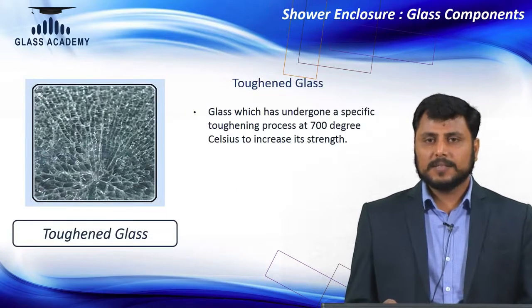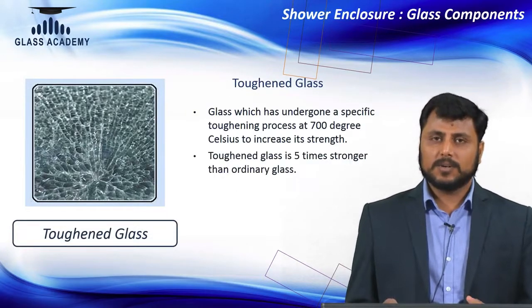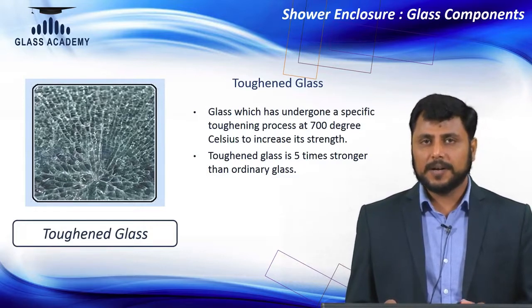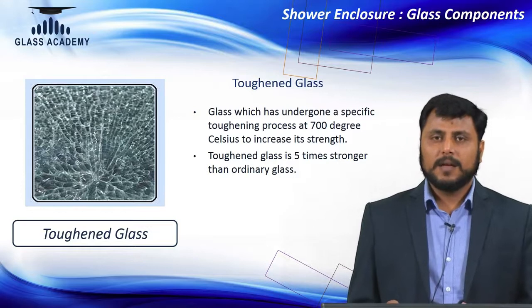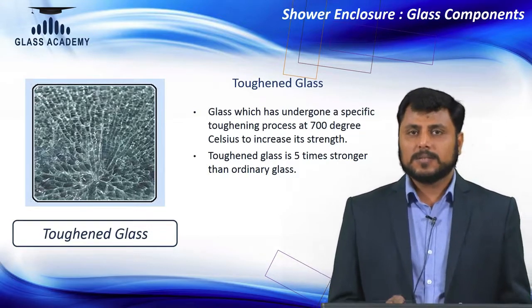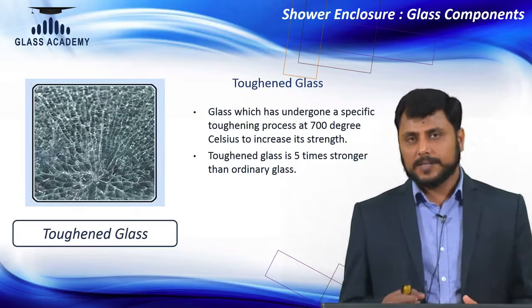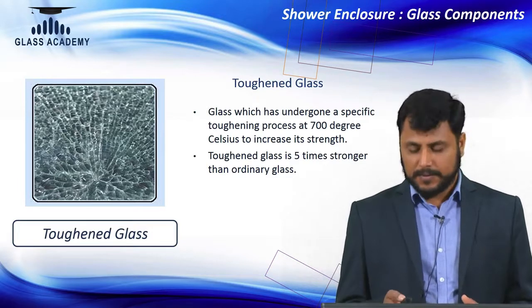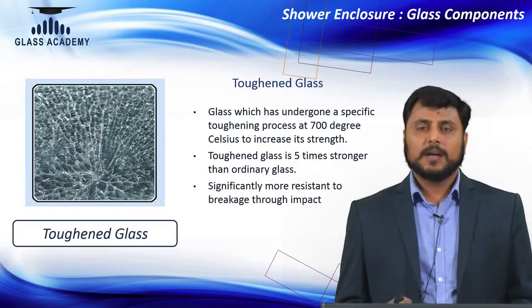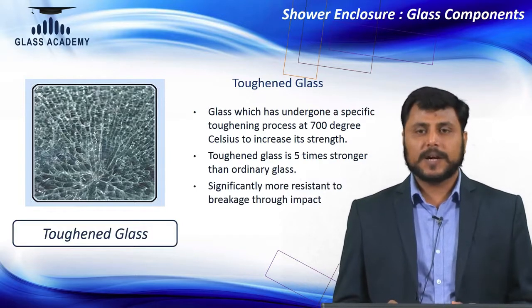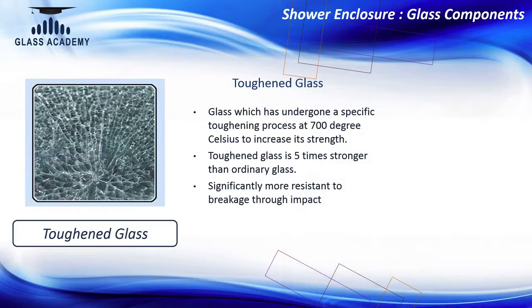Then why toughened glass? Because it has gone through a specific toughening process, done at almost 700 degrees Celsius, and toughened glass is 5 times stronger than raw glass. As I shared earlier, if any impact comes to the glass, it is able to withstand that much load and strength, and it is significantly more resistant to breakage from any kind of impact, knowingly or unknowingly.